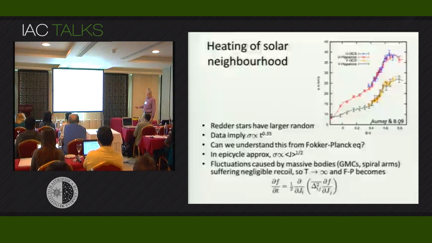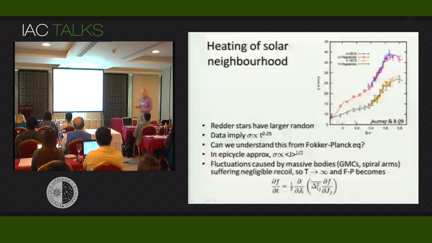And this diagram here from a paper I did with Michael Aumer shows how, if you classify stars by color, so this is B minus V color, blue stars over here, red stars over here, you can group stars by color from the catalogs, and then you can calculate what their random velocity is. U is the random velocity in and out in radius. V is the random velocity azimuthally, and W isn't on this picture.